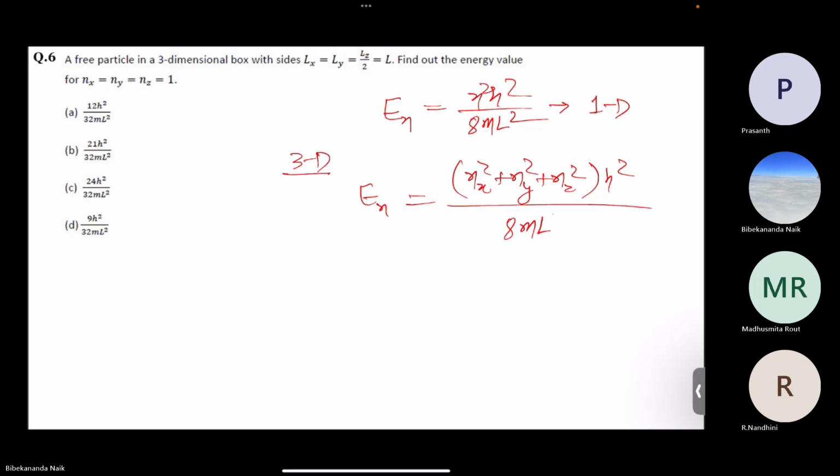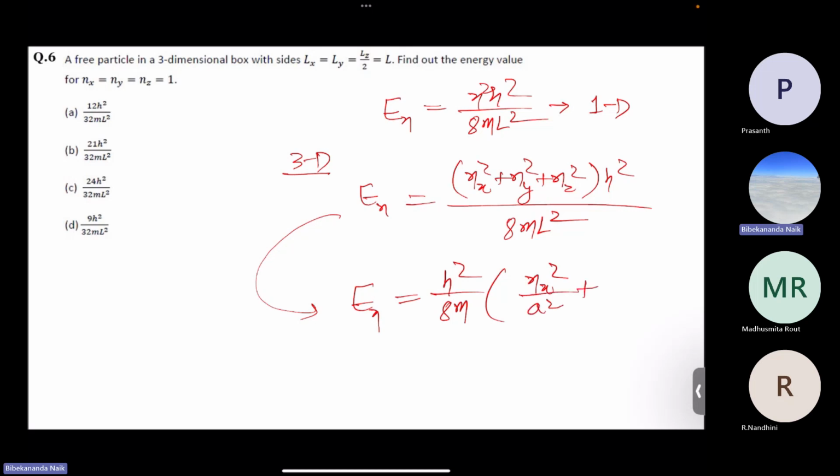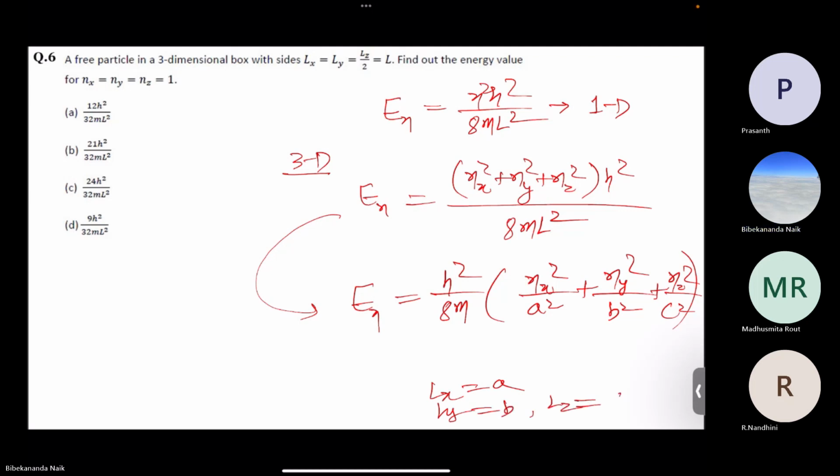like if you make it more general, it will be En equals to h square by 8m times nx square by a square plus ny square by b square plus nz square by c square. So here Lx is a, Ly is b, and Lz is c.